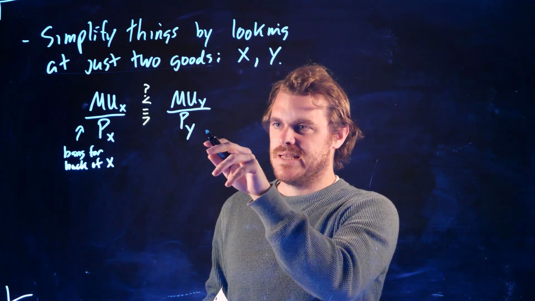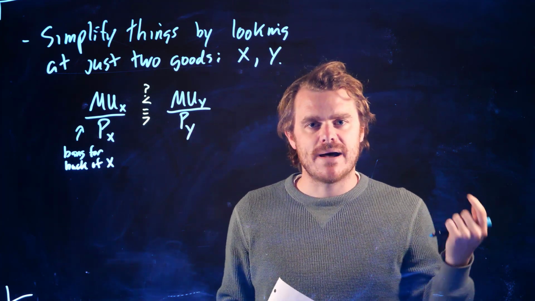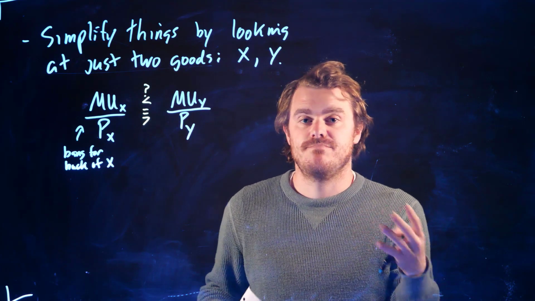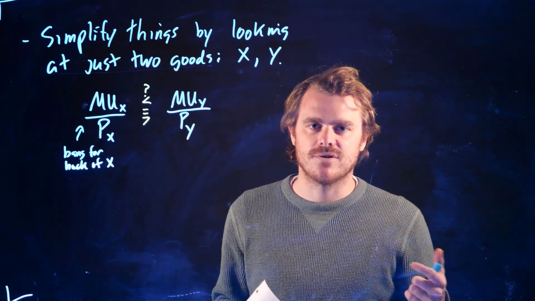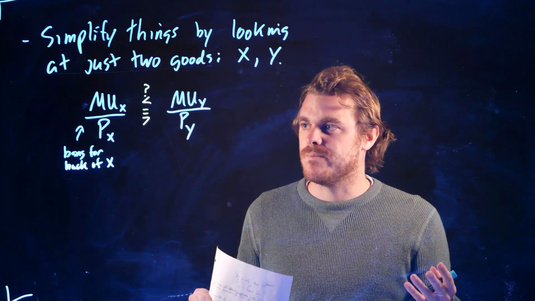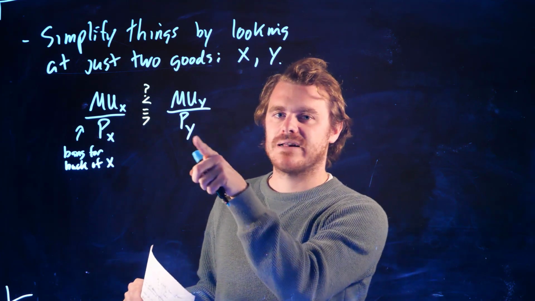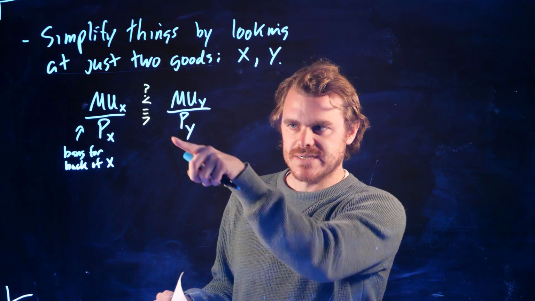Now, in case it's not obvious, the reason we're dividing by price is that things cost different amounts of money. So maybe buying a really nice car would give you a lot of marginal utility, buying that first really nice car or house or clothing or whatever. But we have to account for the fact that these goods have different prices as well. So that's why we're dividing by price.